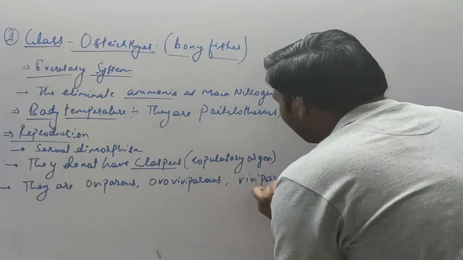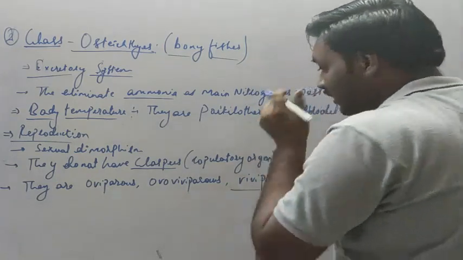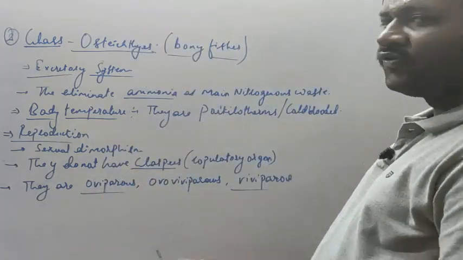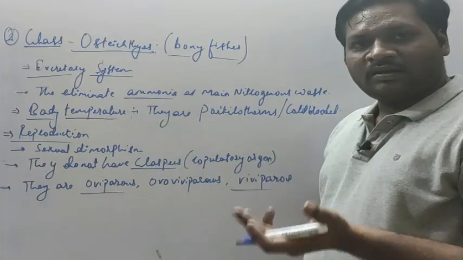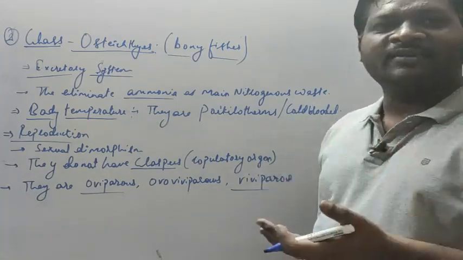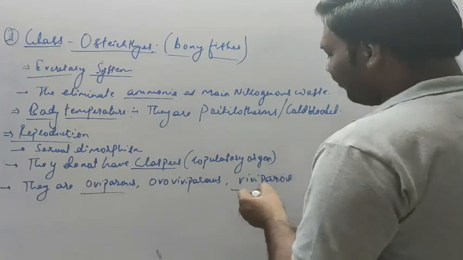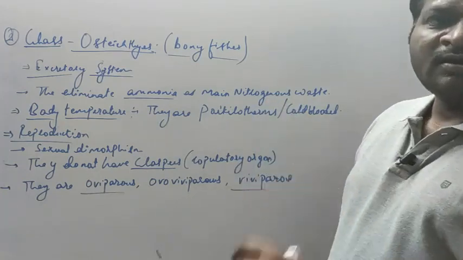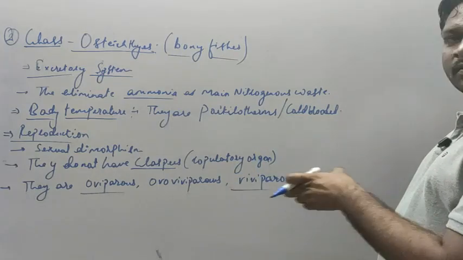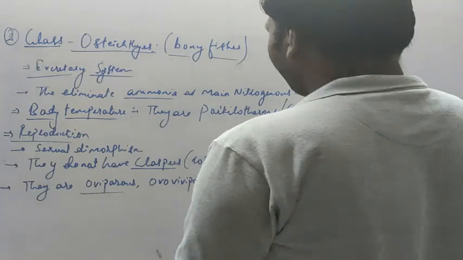That is similar to the cartilaginous fishes. Oviparous means egg laying. Some are ovoviviparous, that means laying eggs but hatched inside the body itself, giving rise to the young ones. And viviparous means directly giving birth to the young ones. So those are the different types of reproduction that can be seen in bony fishes.